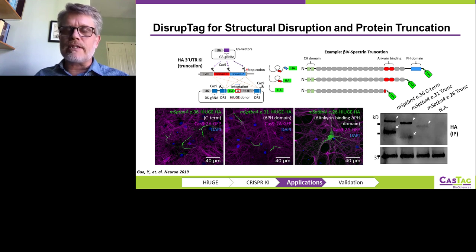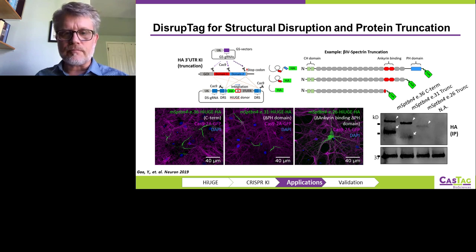So we can rapidly determine which of the protein domains are important for the localization of the endogenous protein as it exists in primary cells. And here's just a Western blot analysis showing the serial truncation in the 2 middle lanes of the truncated protein versus negative control.